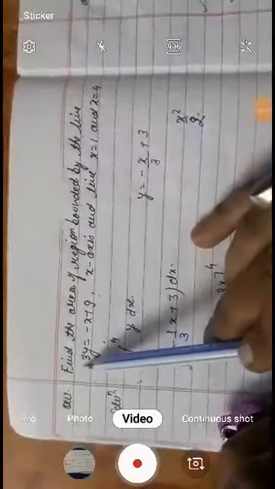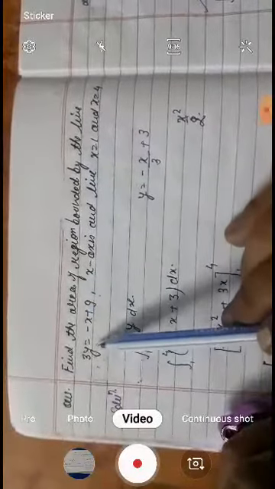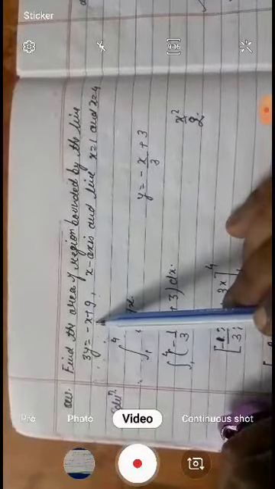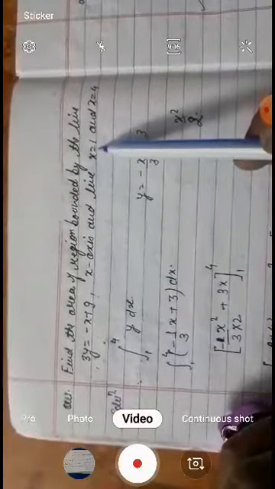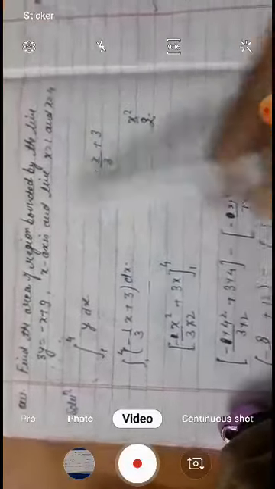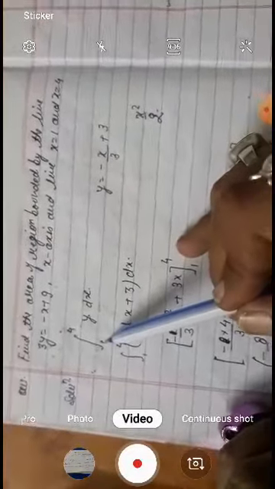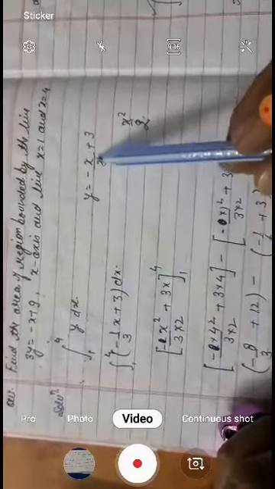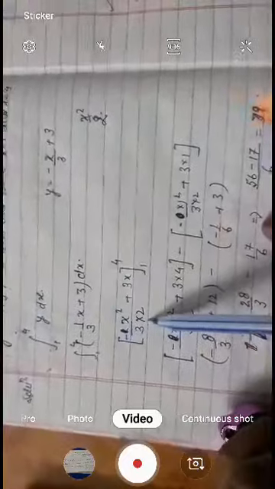Now the next question is: find the area of the region bounded by the line 3y equal to minus x plus 9, the x-axis and the lines x is equal to 1 and x is equal to 4. The limit of x is 1 to 4. We have to find the value of y from the equation. We get minus x upon 3 plus 3, and integrate this equation.